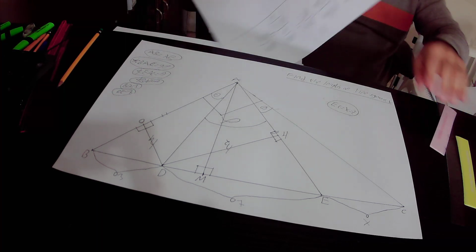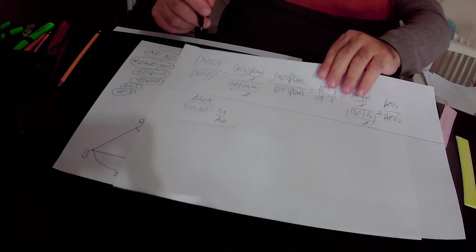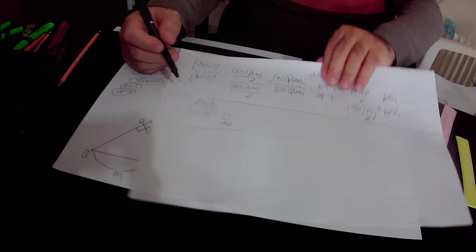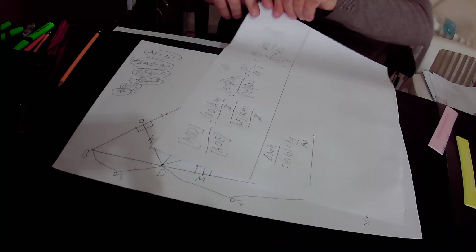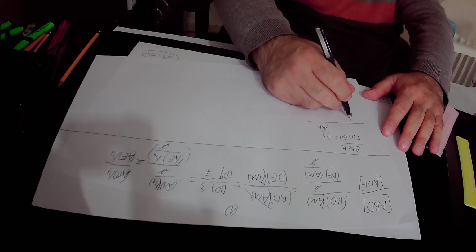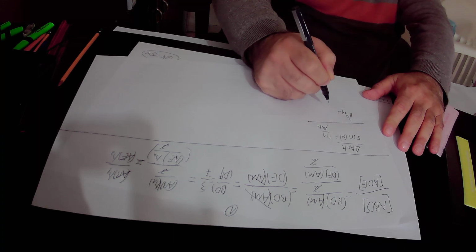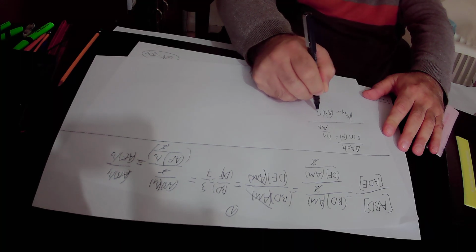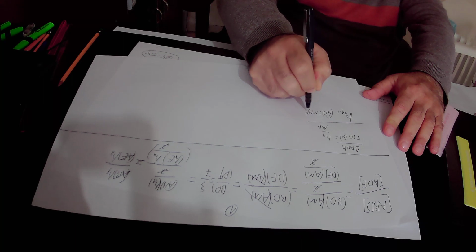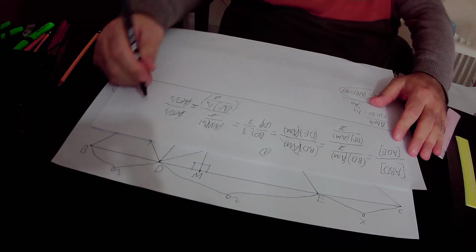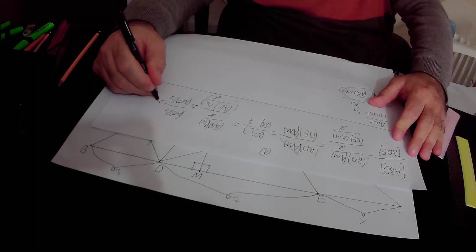So here we will multiply this equation by AD, and we will get that H1 is equal to AD times sine theta. So we can write here that H1 is equal to AD times sine theta.